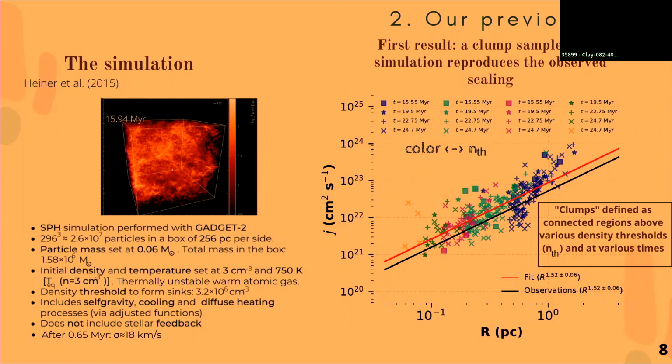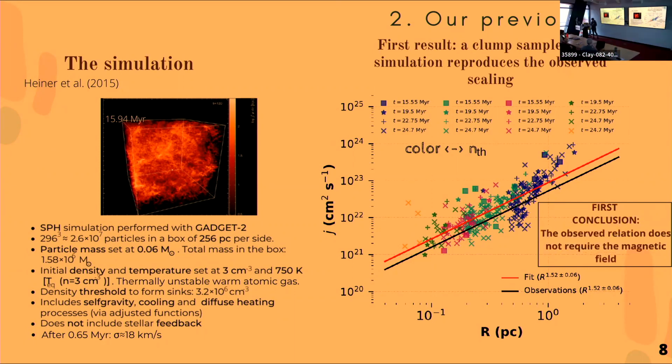And here, for example, the red line represents the fit to our numerical sample, and the black line represents the fit to the observational sample that I showed you before. But not only that, because it seems that the observed relation does not require magnetic field, at least to recover the slope, which is more or less 1.5.